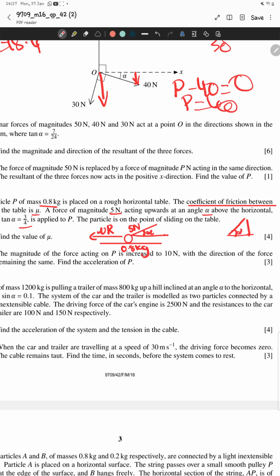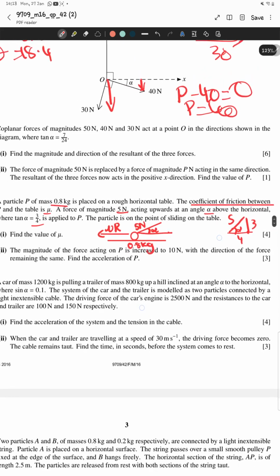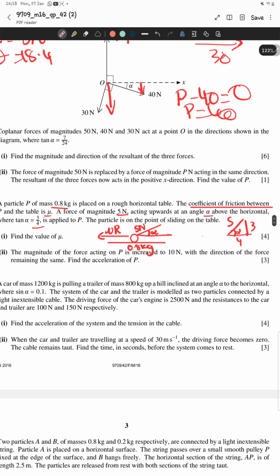This is alpha, and tan is opposite over adjacent, so 3/4, and then the hypotenuse is 5. You can check this using c squared equals a squared plus b squared, but it's 5. We can find this one, which would be 5 sine alpha.